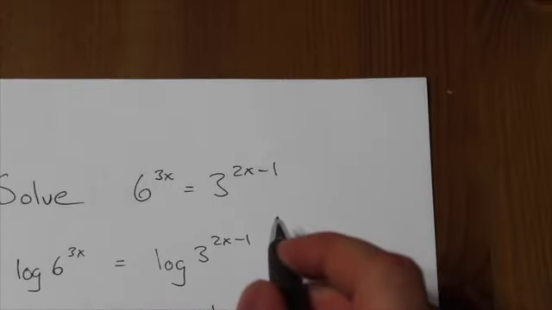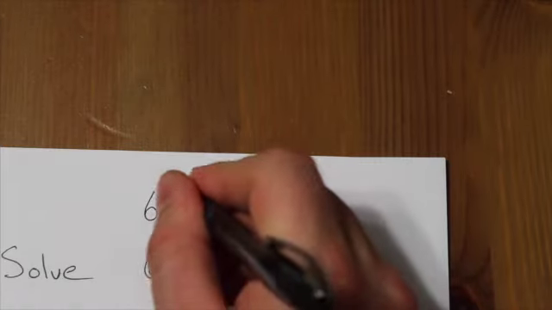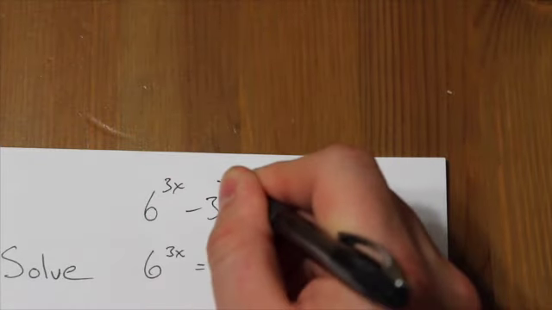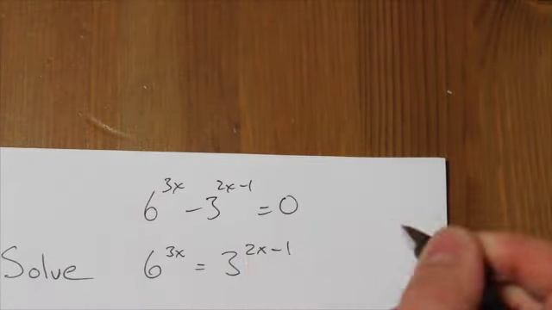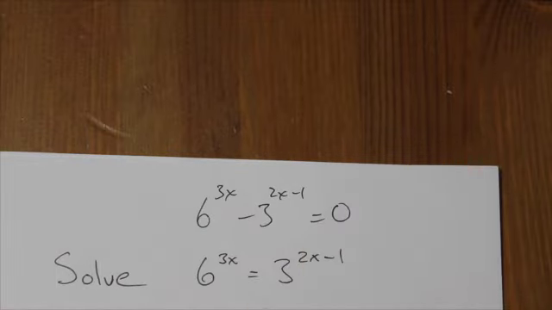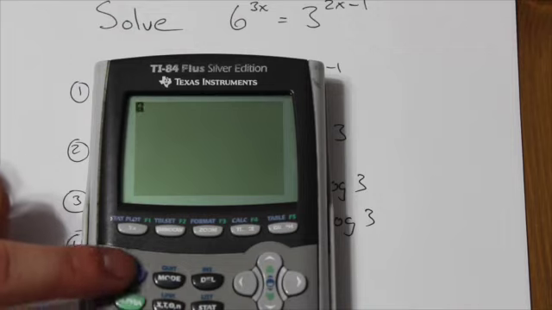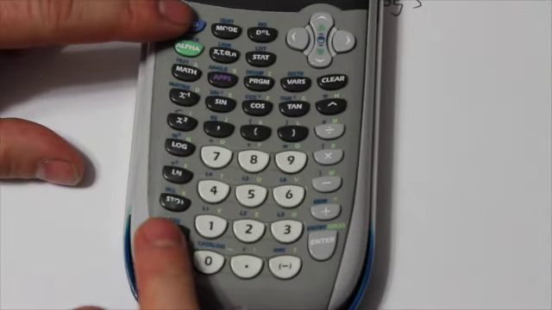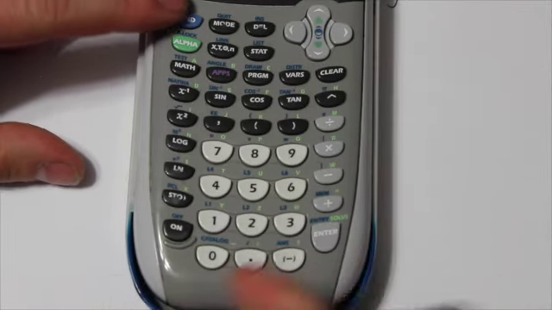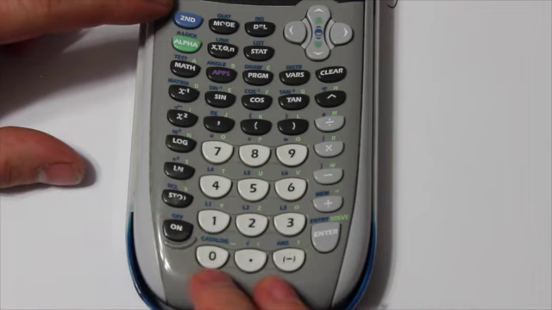So what I'm going to do first of all is take this equation and rewrite it as 6 to the 3x minus 3 to the 2x minus 1 equals 0. And then I'm going to go to my solve feature in my calculator, which is second 0. Sorry, I just turned the calculator off. I'll try that again.